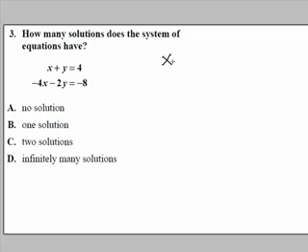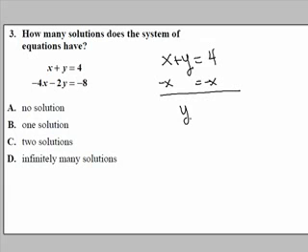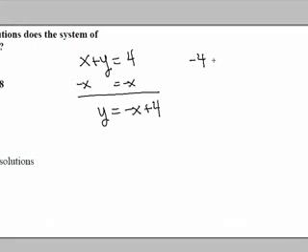So for that first equation, let's look at putting it into slope-intercept form by first subtracting x from both sides of the equation. And I get y is equal to negative x plus 4. And the second equation, let's put it into slope-intercept form. Let's add 4x to both sides of the equation first.